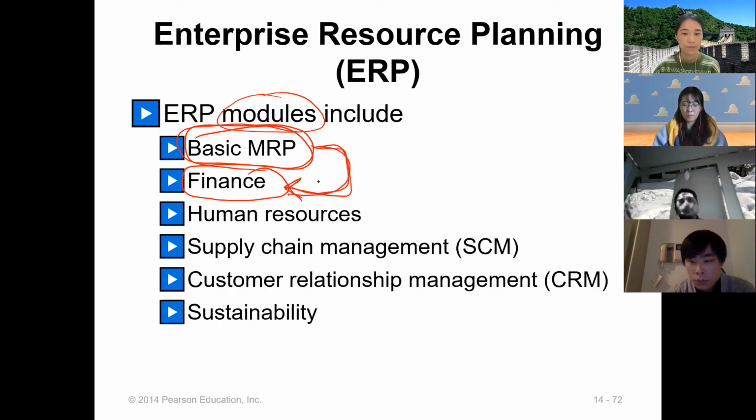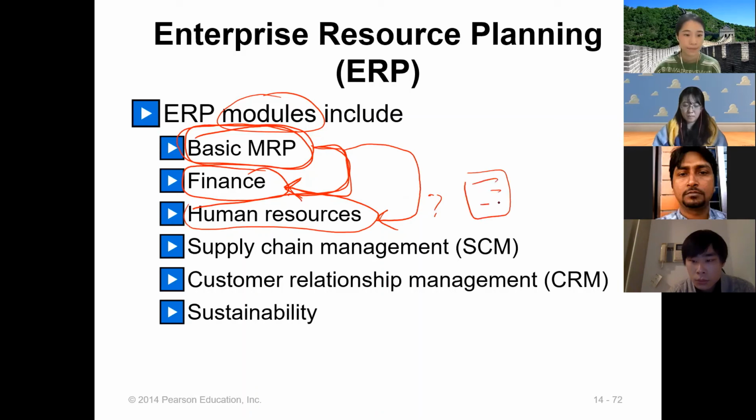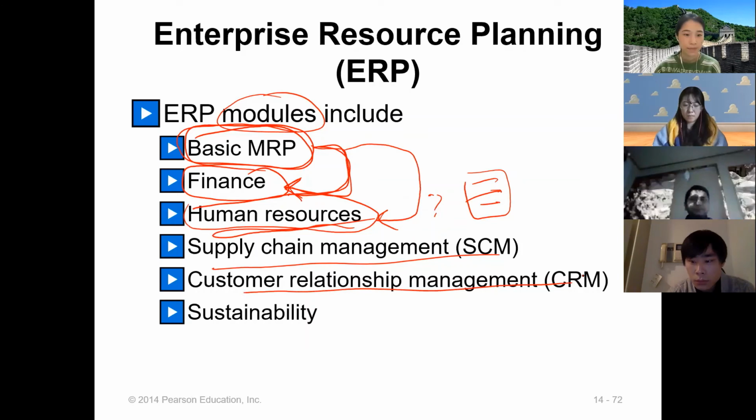And you can also generate, from your basic MRP, because if you need workers, how many workers, welders, so you have your human resource module. Then you have your supply chain module, your customer relationship management module.